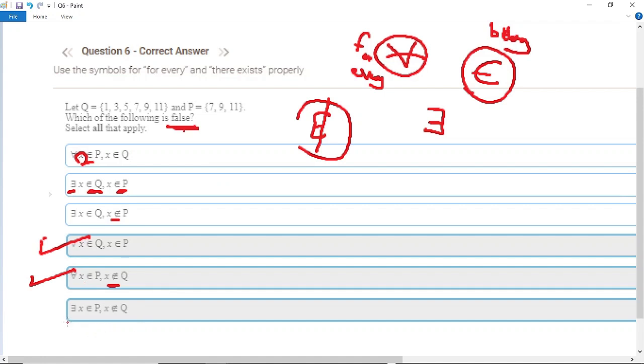Here, there exist numbers belong to B, the numbers which belong to B, which is 7, 9, 11, doesn't belong to Q. I have 7, 9, 11, same included in 7, 9, 11 of Q. So that means this is the right answer because it's false also.